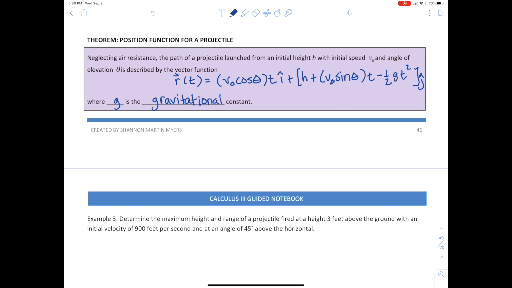Now, it depends on what unit you're in. g is 32 feet per second squared, or g is 9.8 meters per second squared.